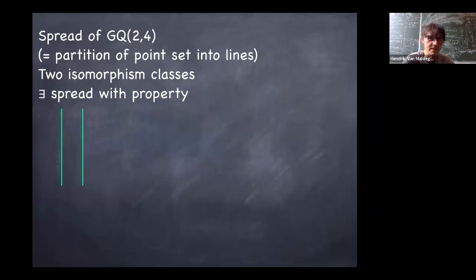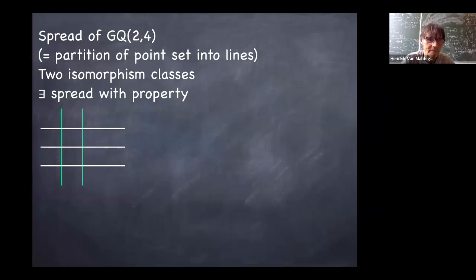And it's also nice to see. So take 2 lines of that quadrangle which are not meeting each other. We say that they are opposite or disjoint. And then for each point on each line, you can find a line through it that intersects the other one. So you have these 3, let's say, intersecting lines.